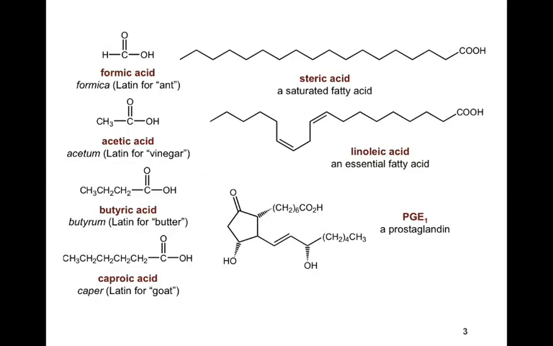In fact, we've found out subsequently that very small amounts are produced in almost all of our organs and tissues. These molecules are locally acting messenger molecules that mediate everything from muscle contraction to platelet aggregation to cell growth to thermoregulation. Very important compounds indeed.